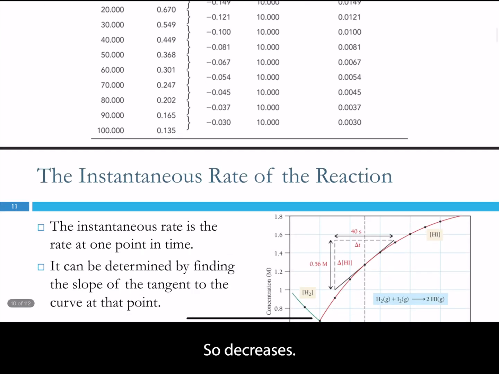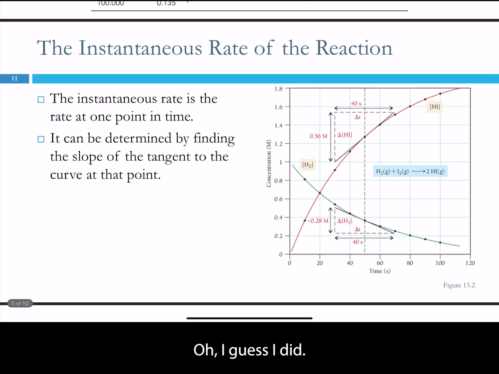So again, you should know the difference: the instantaneous rate is the rate at just one point in time. You pretty much need to graph it in order to calculate what that is.